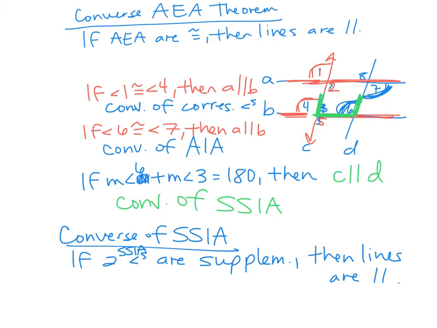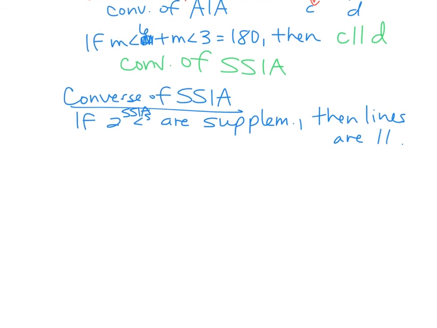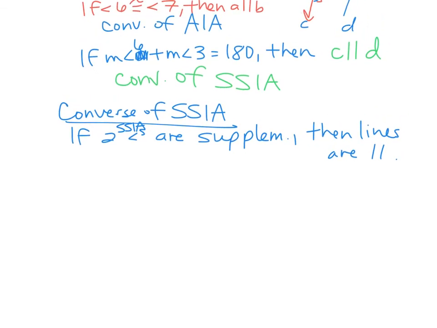All right, we are going to do a proof. So let's say we're given that angle 1 is congruent to angle 7.